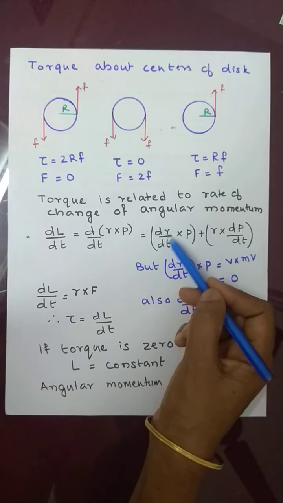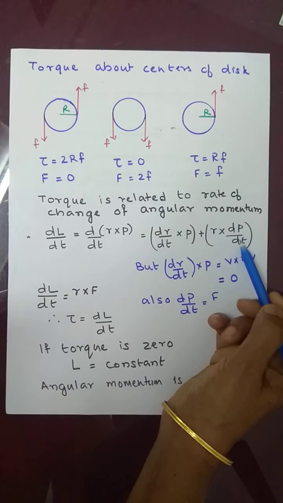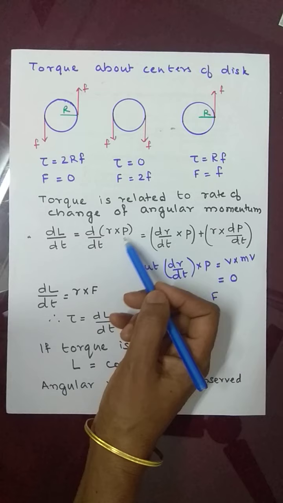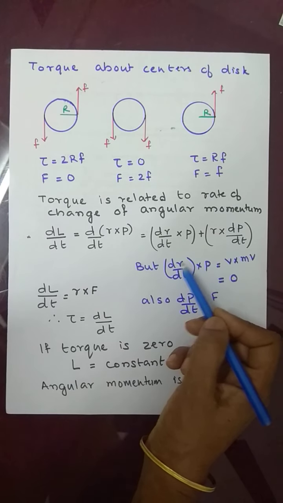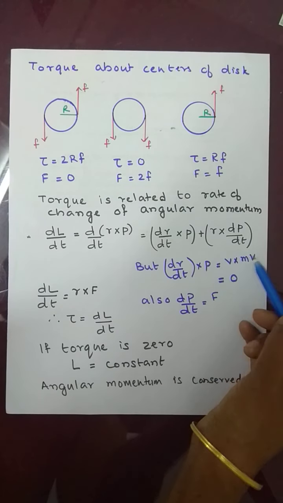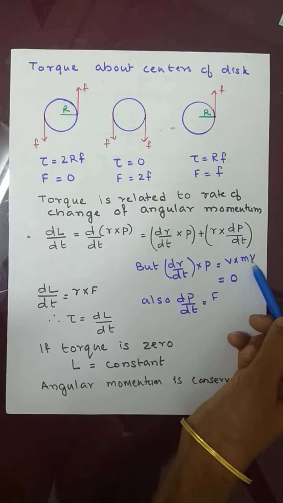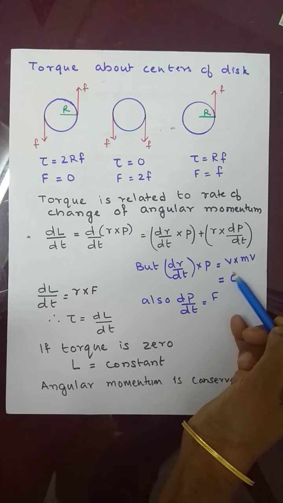This is equal to dr by dt cross p plus r cross dp by dt, because it is the uv form, d by dt of uv form. You have studied differentiation. Now you look at dr by dt cross p. p is mv. dr by dt is velocity v. So v cross mv you are getting. v and mv are parallel. So they will become equal to 0.